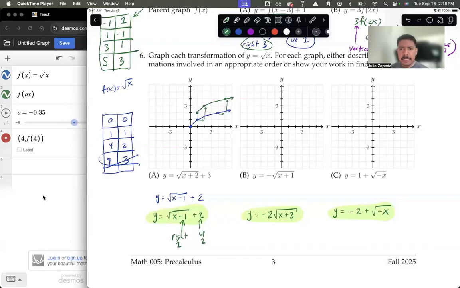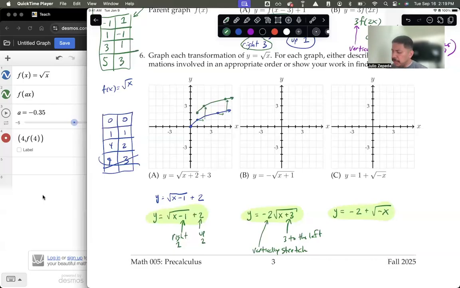Okay. Next, let's take a look at this one here. This is going to shift my graph 3 units to the left. This 2 is going to vertically stretch by a factor of 2.